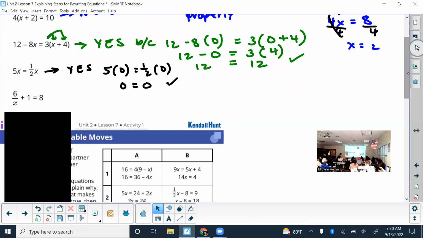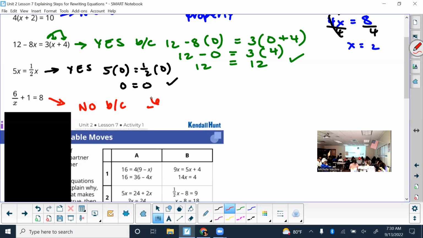All right, Riley, is it a solution? No. And why? Because if you replace the x with 0, 6 divided by 0, 6 plus 1 is a fraction, which is not.